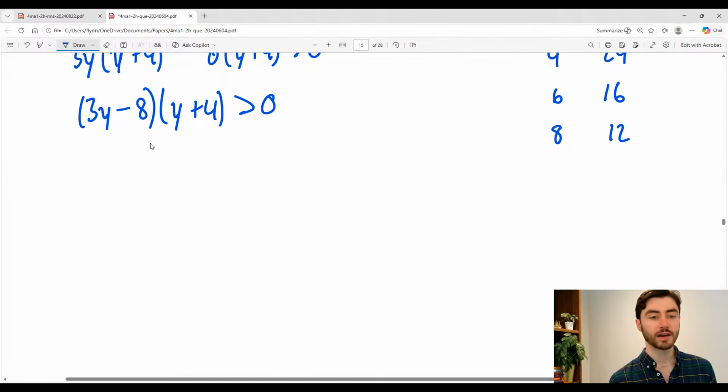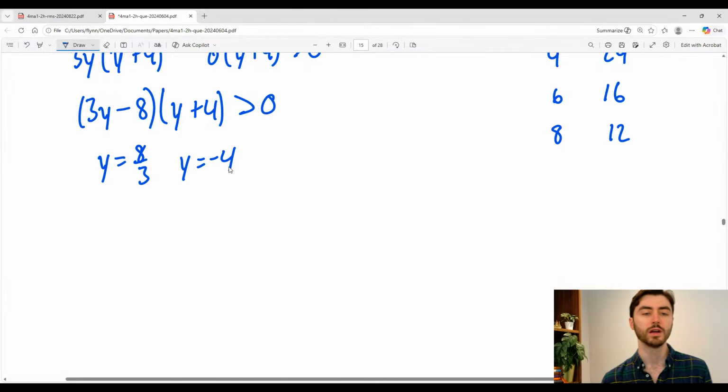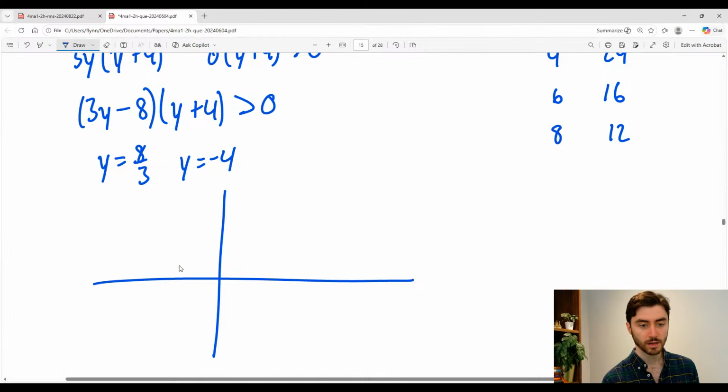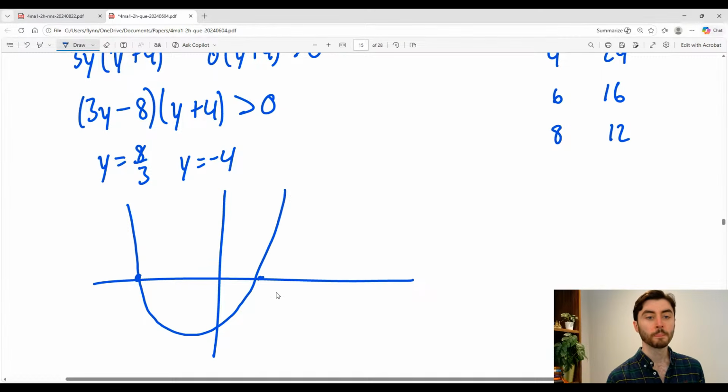which would give me values of y equals 8 over 3 and y equals minus 4 would be my values that give me exactly 0. So if I sketch this, y equals minus 4, y equals 8 over 3. Now we want where this graph is bigger than 0. So we want this guy and we want this guy.